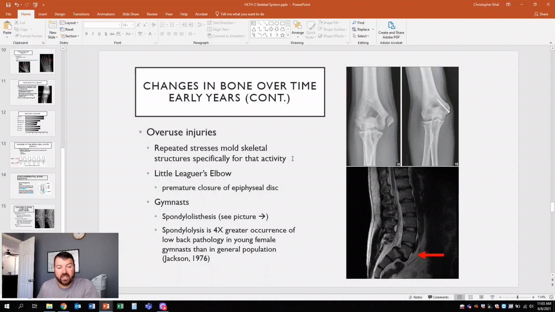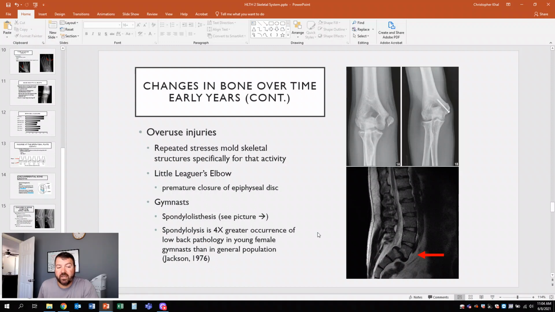Another thing we'll see in gymnastics and swimming is an injury to the disc. Okay. So this is a spondylolisthesis. There's also spondylitis, and I can't remember the other spondy ones, where there's some kind of back injury to your disc.